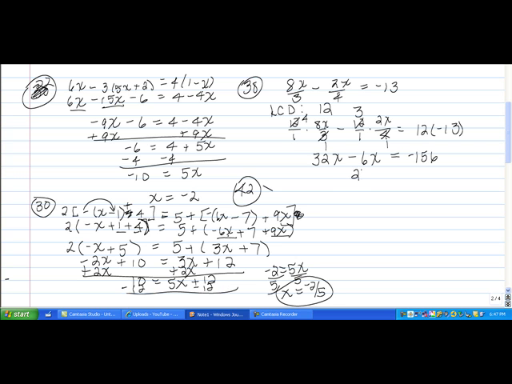And this is going to be 26x equals negative 156. And we divide by 26. Okay, so I end up with a 6. Actually, a negative 6.